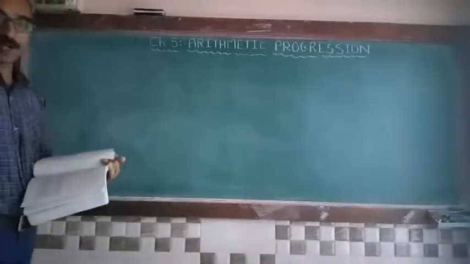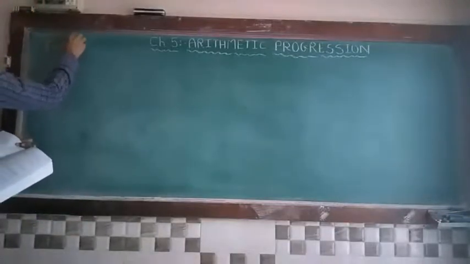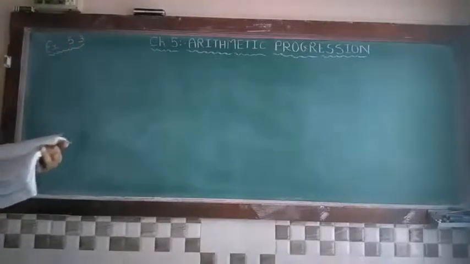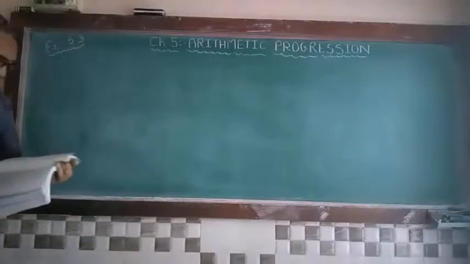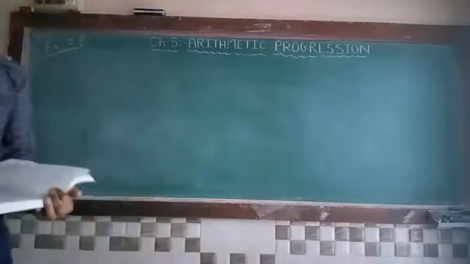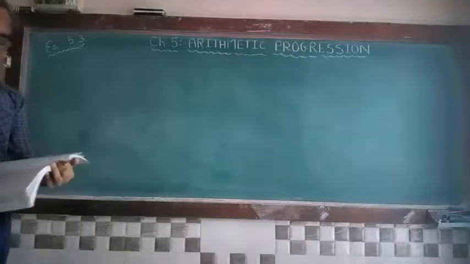Now exercise 5.3 is there. Your example 1 is there. Find the sum of the following APs. You have to find the sum which is given to you in the form of AP.